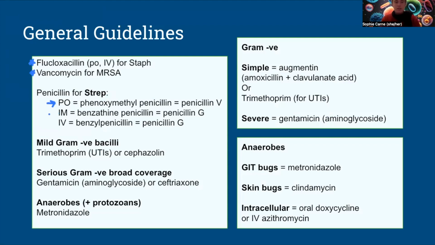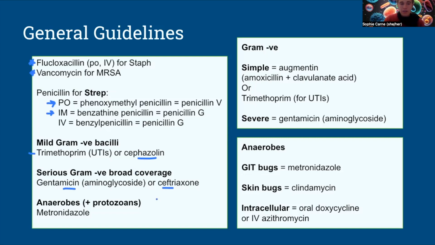And if you want to give IV antibiotics for a strep infection, you can give benzyl penicillin. For mild gram-negative bacilli infections, so in a UTI, you would treat with trimethoprim and otherwise with cefazolin. If you have a serious gram-negative infection, you can do broad coverage treatment via gentamicin or ceftriaxone.